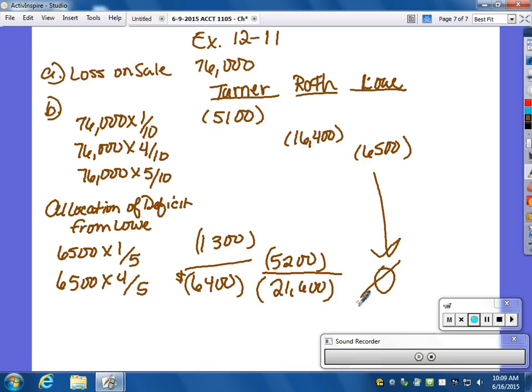And so, of course, when it comes down to personal liability, how are they going to pay? What are they going to pay? 6,400, right? The other one, 21,000. And one thing, Low has no personal liability.